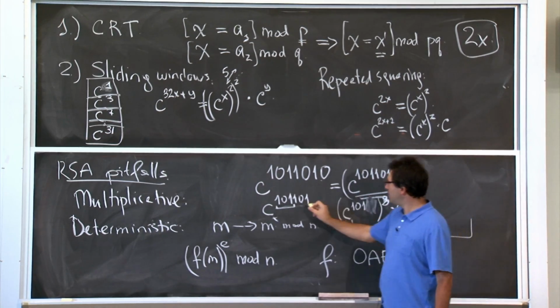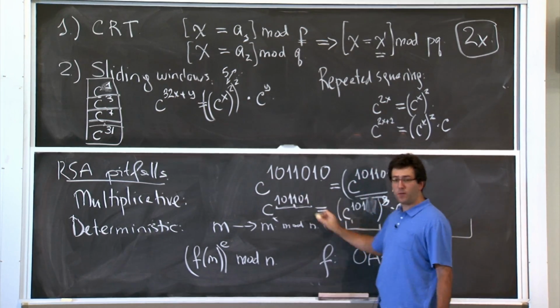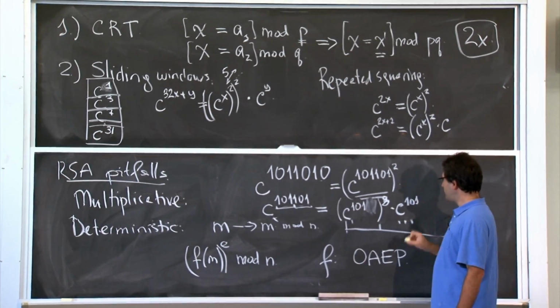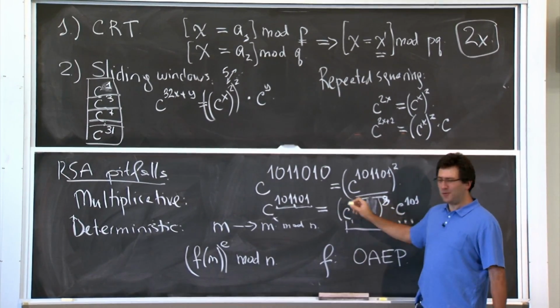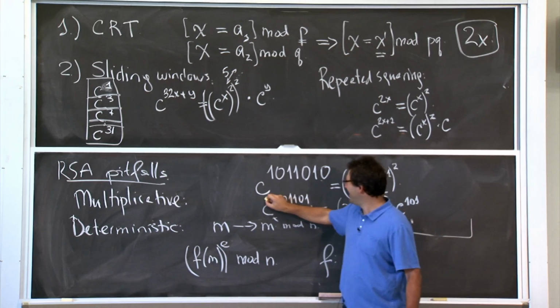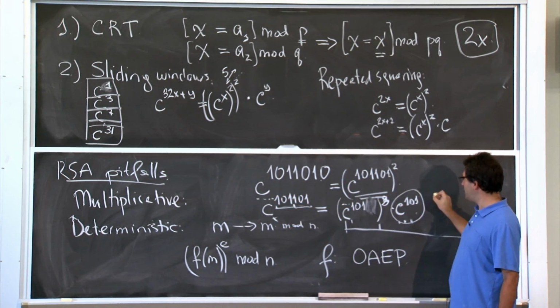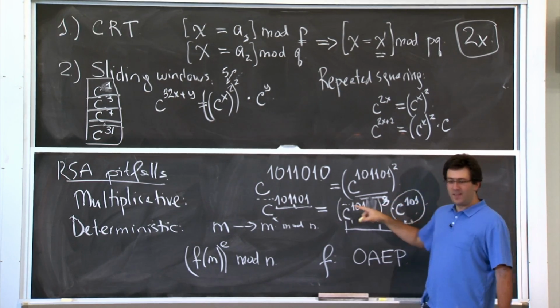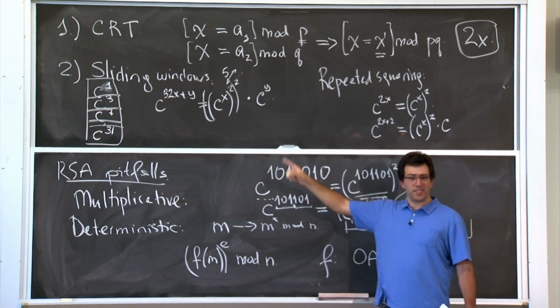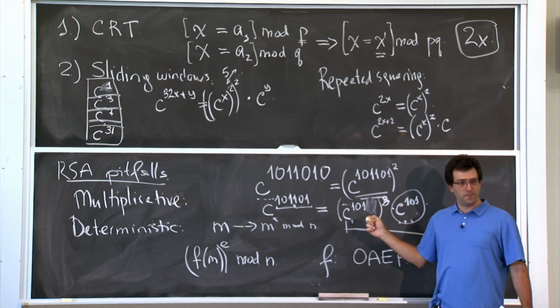And then the rest is c to the 101 power here. It's a little unfortunate these are the same thing, but really there are more bits here. But here, this is the thing that you're going to look up in the table. This is c to the 5th in decimal. And you're going to keep doing the sliding window to compute this value.